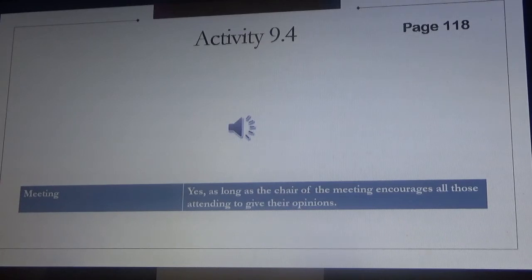Also, in activity 9.4, found on page 118, we have a table whereby you have to go back to the messages found on pages 114 and 115. You will try to figure out whether each message is a one-way communication or a two-way communication.